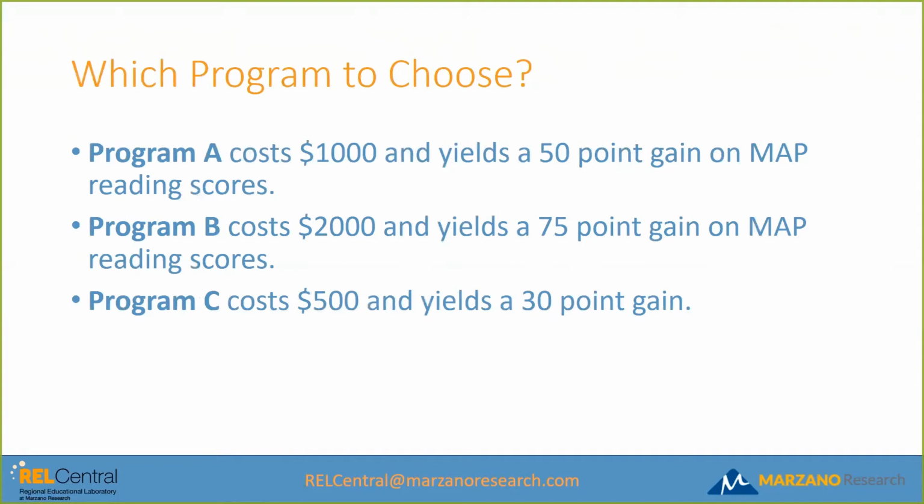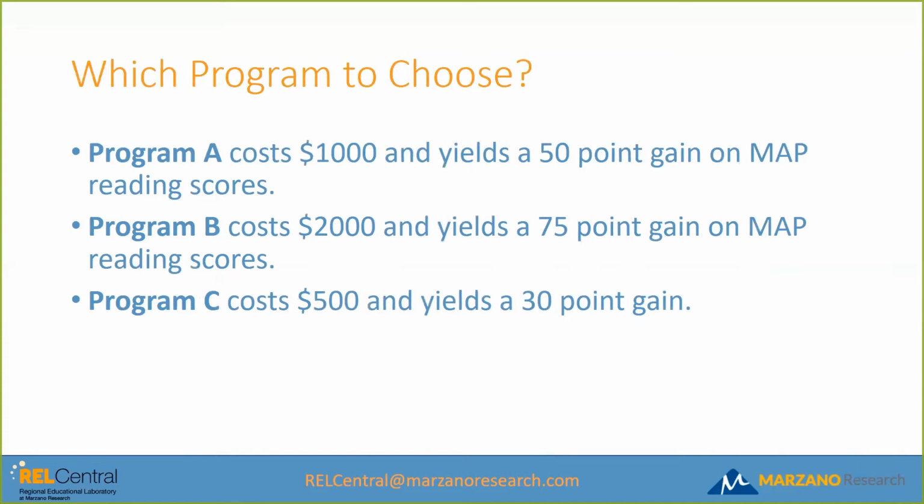Program B costs $2,000 per participant and will yield on average a 75-point gain on your MAP reading scores. And then we have program C, which costs approximately $500, so significantly less than the other 2 options, and yields, again, a smaller point gain of only 30 points on the MAP reading score.